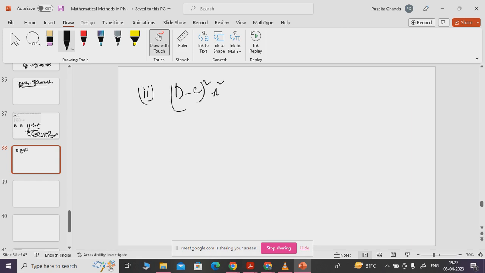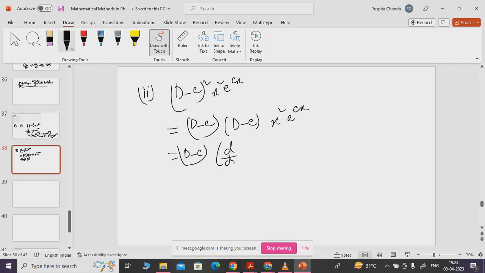Now let us check the second one, (d minus c) whole square of x square e to the power cx. So it will be (d minus c) into (d minus c) into x square e to the power cx.